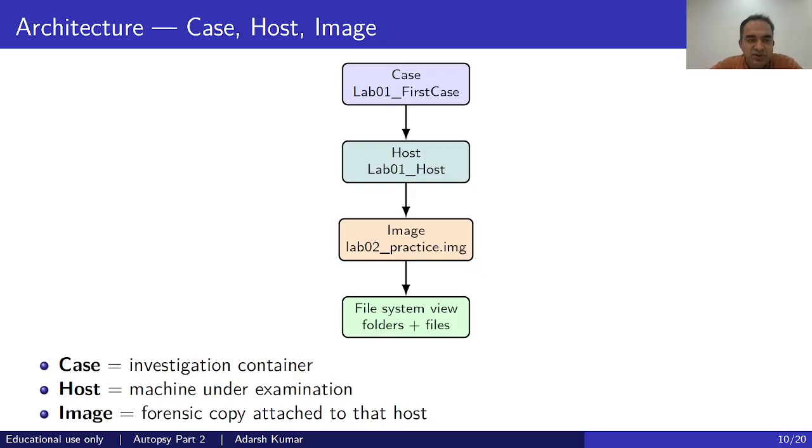Under the host, we attach an image such as lab 02 underscore practice, or whatever raw images we have created. From that image, Autopsy builds the file system view with the folders and files. Note down that the case holds the investigation, the host names the machine, and the image is the forensic copy attached for analysis.